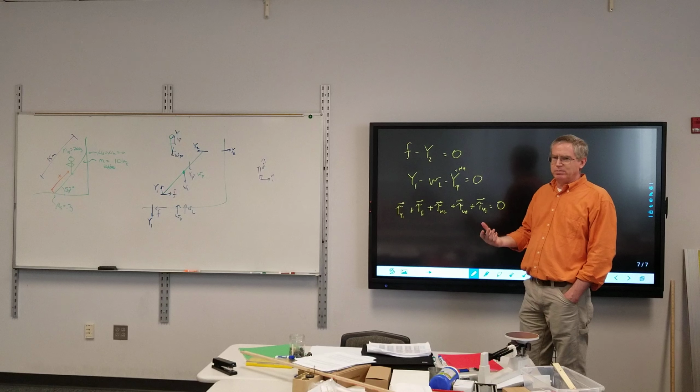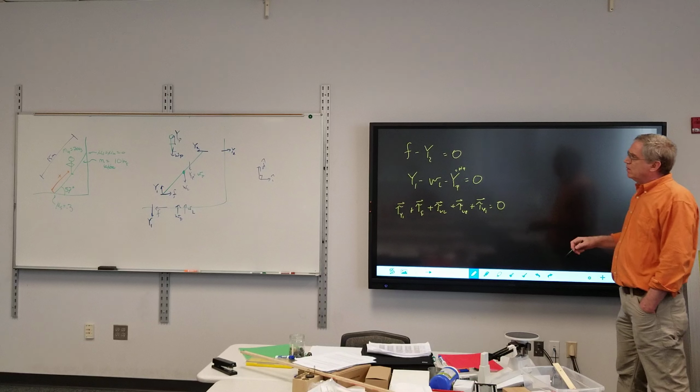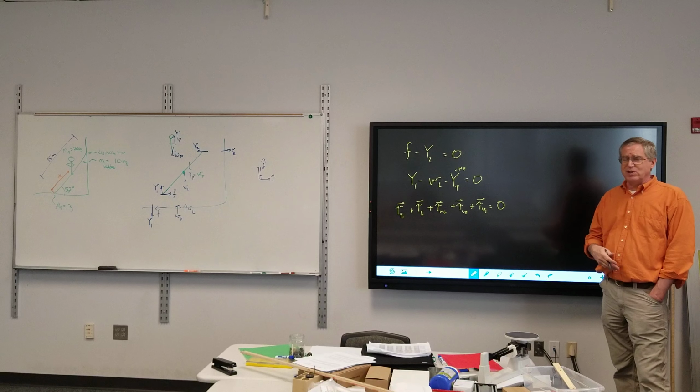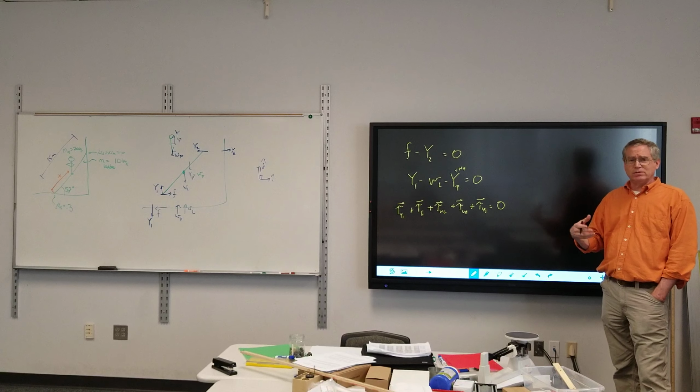Technically I times alpha, but alpha is 0. 1, 2, 3, 4, 5. All right, so those are my torques. That's just generic, some of those torques. I know this is equal to 0 because the moment arm is 0.